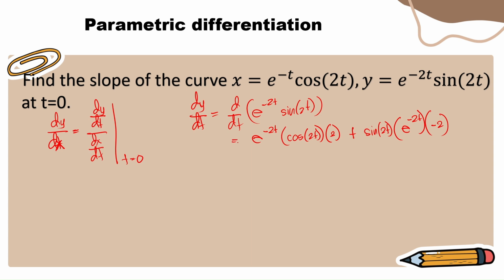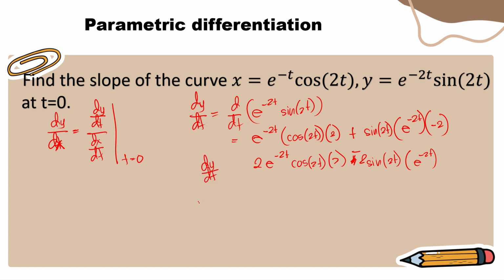So we simplify this, it will become 2 e raised to negative 2t cosine 2t plus sine 2t times e raised to negative 2t. Then the negative 2 goes in front. So this will be our dy over dt.